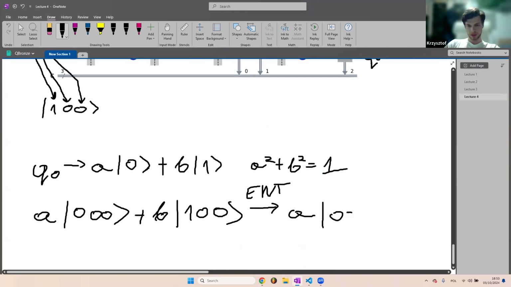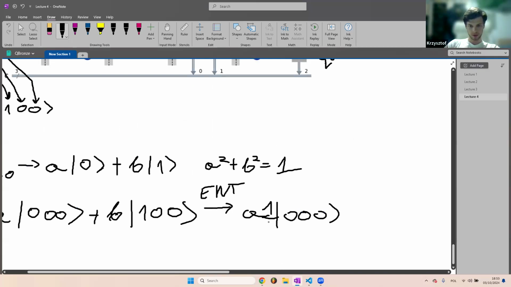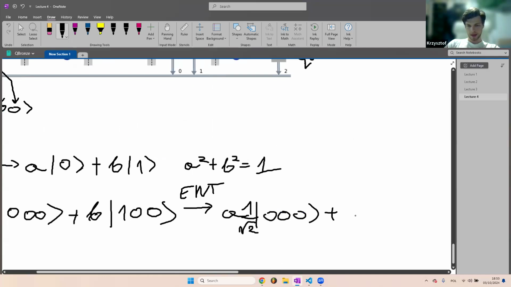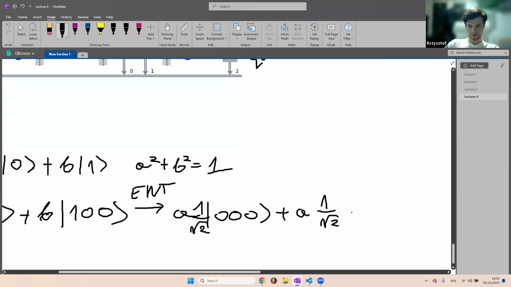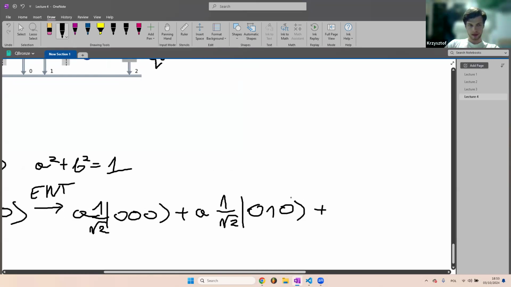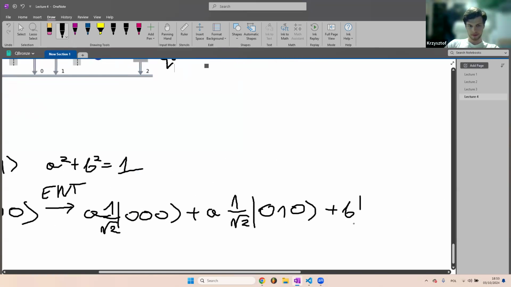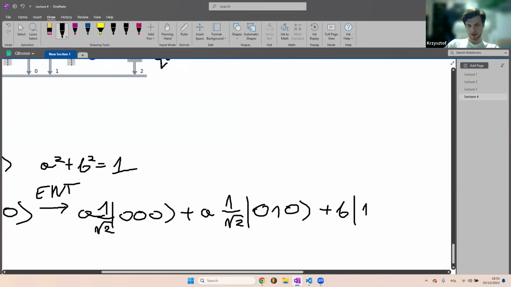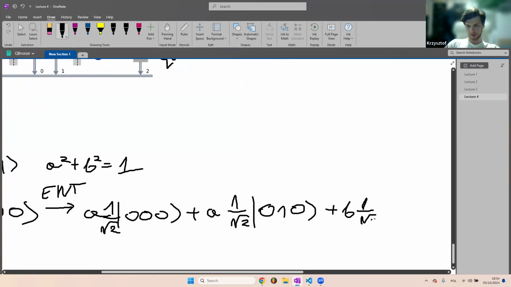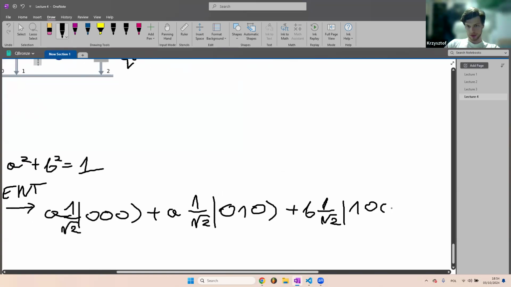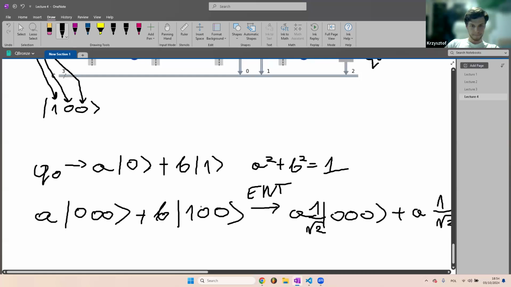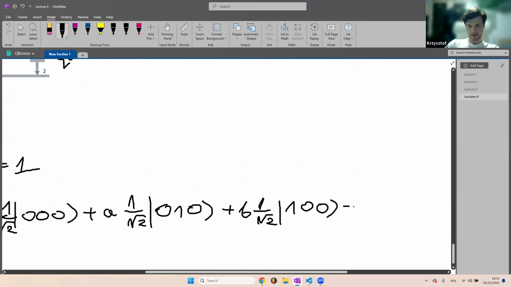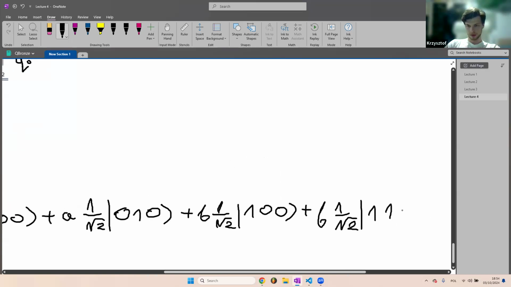So we have A, 0, 0, 0, and here is 1 over square root of 2, plus A, 1 over square root of 2, 0, 1, 0, plus B, 1 over square root of 2, 1, 0, 0, no, actually it's plus B, 1 over square root of 2, 1, 1, 1.